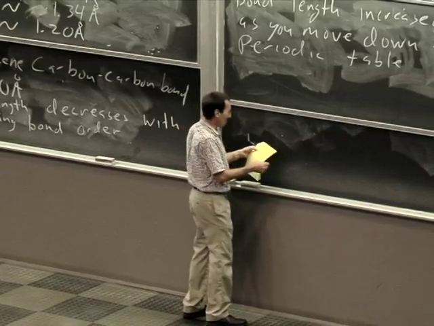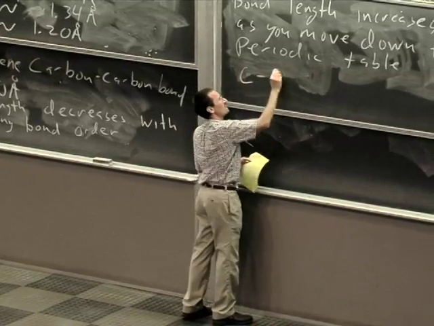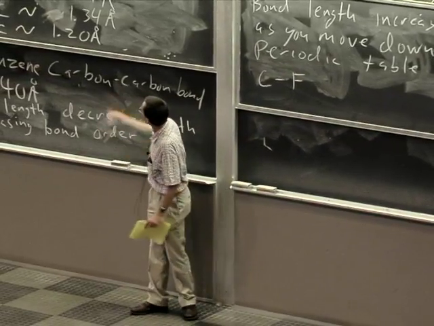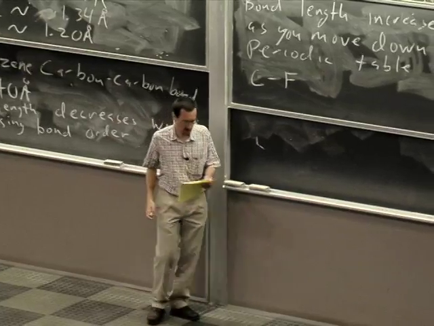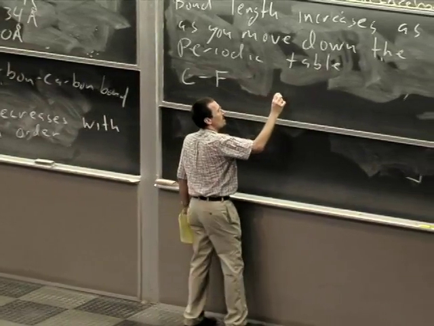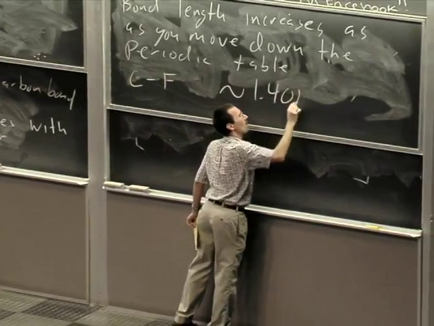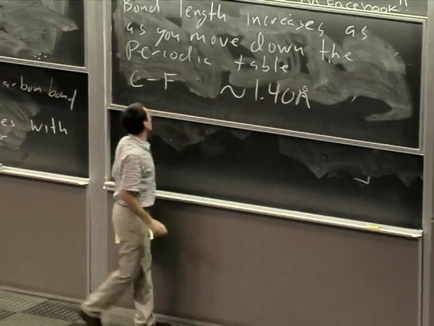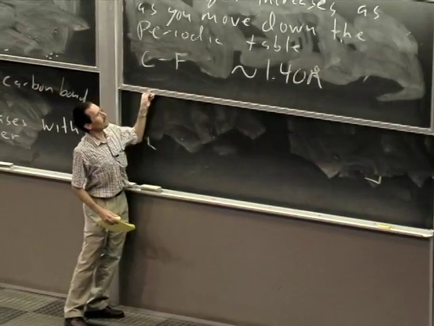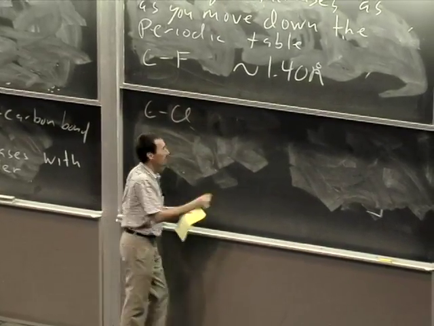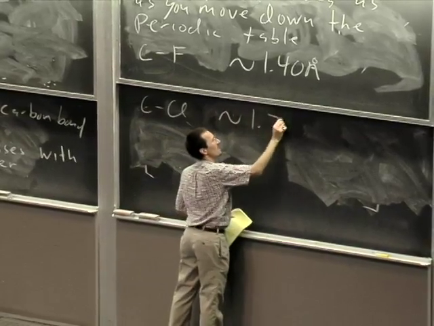All right, so I'll give you some numbers. Maybe you wouldn't know the exact numbers here because we're getting a lot of numbers, but these are practically good numbers to know about carbon bonds. A carbon-fluorine bond is about 1.40 angstroms. Carbon-chlorine bond is about 1.79 angstroms.